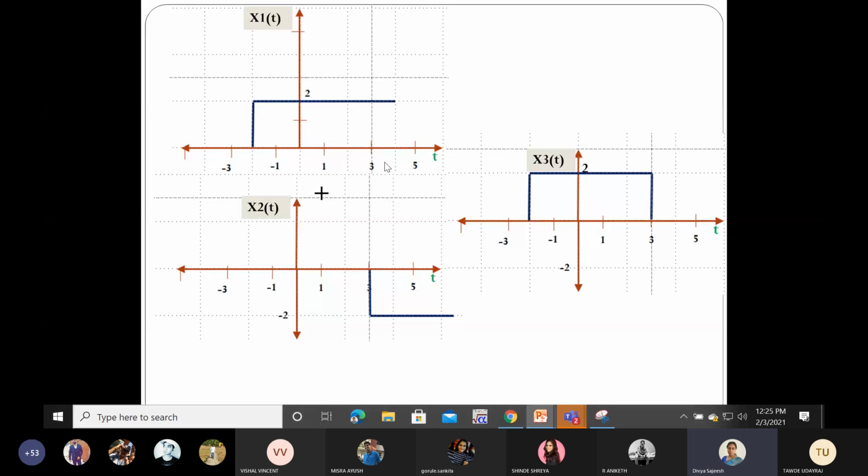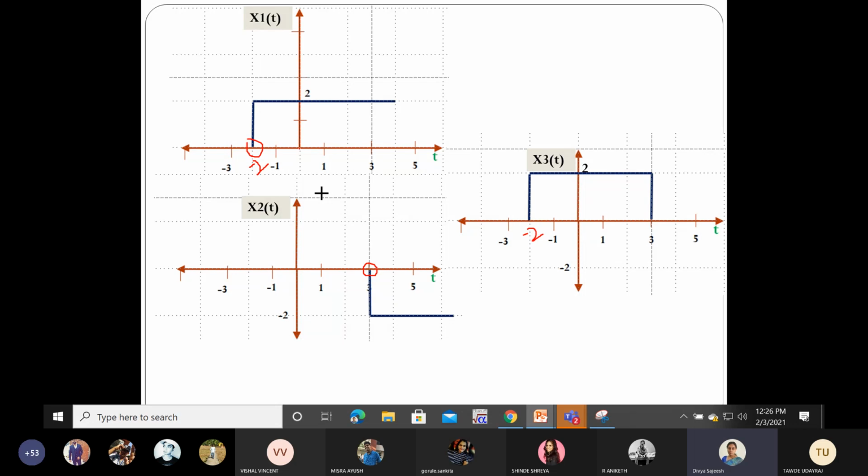Now how to add them? Let us take each interval. So the first interval will be minus 2, because this is the tip of the signal. So here it is minus 2, till the next tip of the signal comes here. So this is at 3. So this is minus 2 till 3.